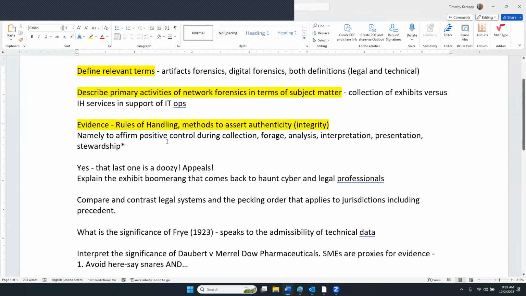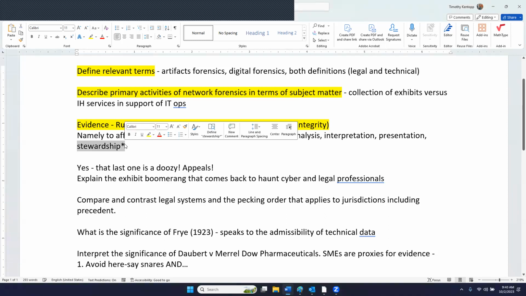So one aspect of evidence in the rules of handling has to do with the chain of custody. You have to affirm positive control during collection, during storage, analysis, interpretation, presentation, and stewardship.